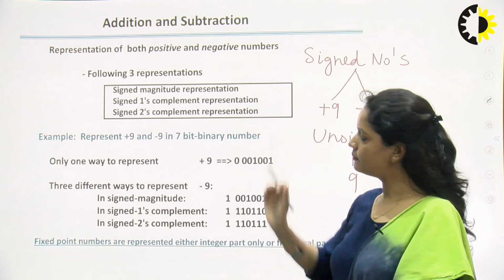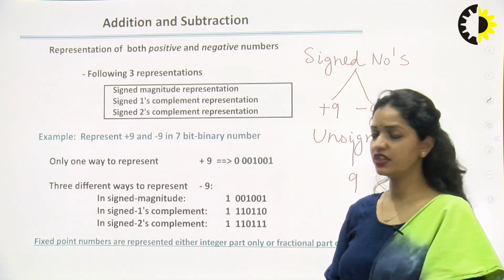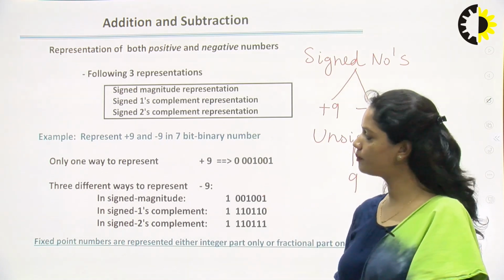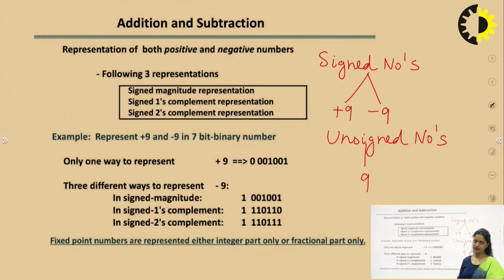Signed numbers can be represented in a computer system by using sign magnitude representation, 1's complement representation, and 2's complement representation.